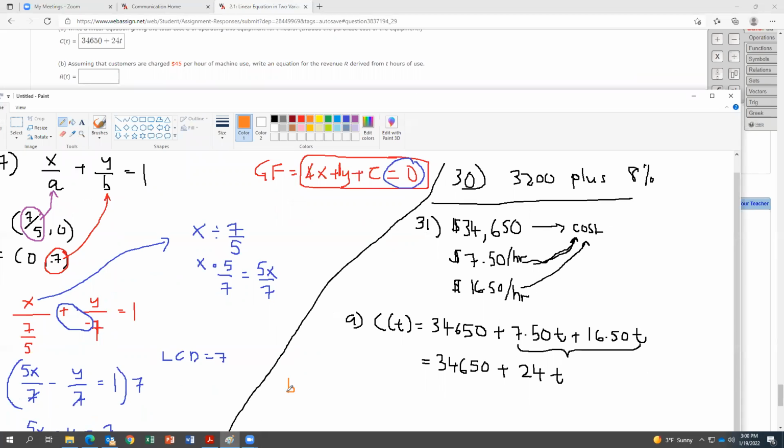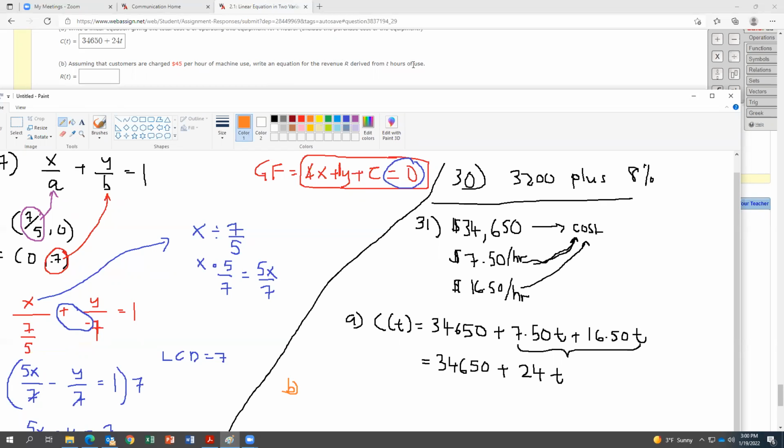Question B is asking us to say, assuming that they charge $45 per hour to use the machine, what will be the revenue? Cost means you give the money, revenue means you take the money. That's good news, that means people pay you. So $45 per hour.